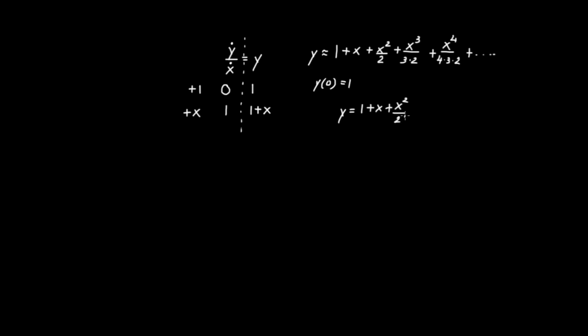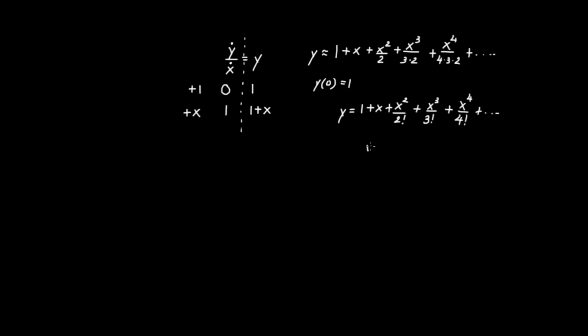Not just 2, I'm going to write 2 factorial, even though 2 factorial is indeed equal to 2. Now for the next term, I have x to the third over 3 factorial, because 3 times 2 is equal to 3 factorial. And then the next term is going to be given by x to the fourth over 4 factorial, and so on.